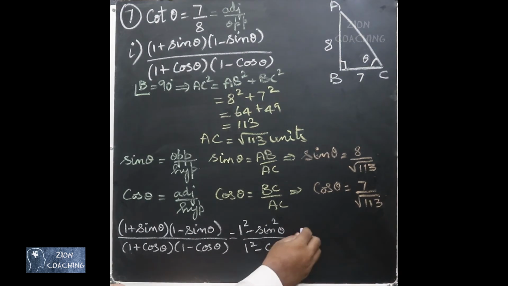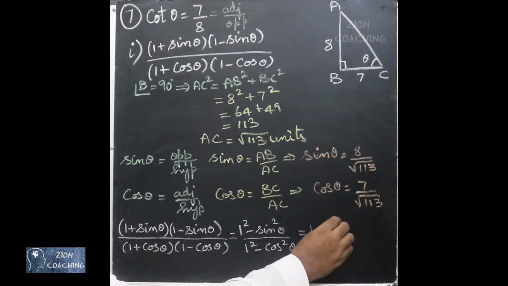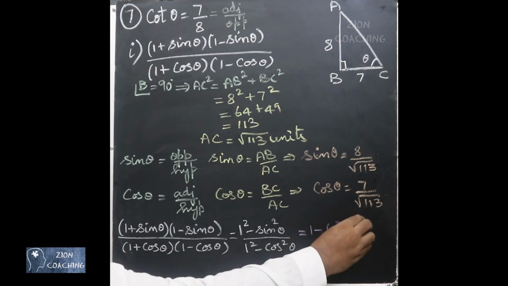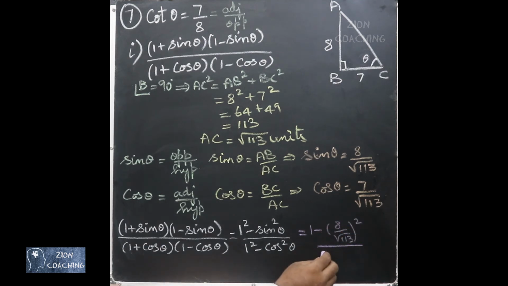We are going to have 1 minus sin theta, that is 8 by root of 113, the whole square, divided by 1 minus 7 by root of 113 the whole square.